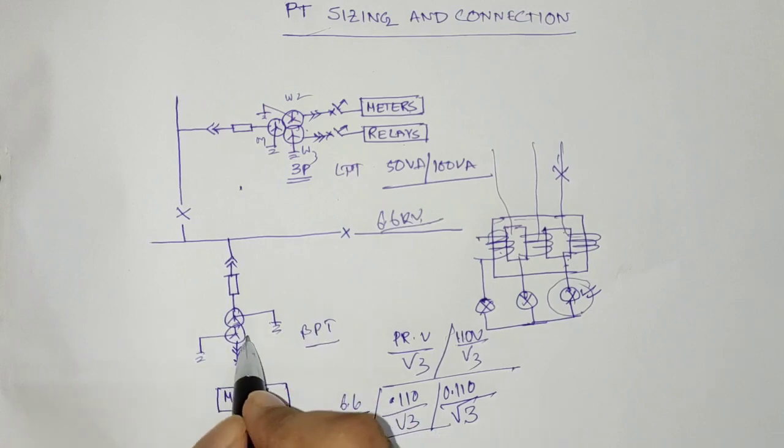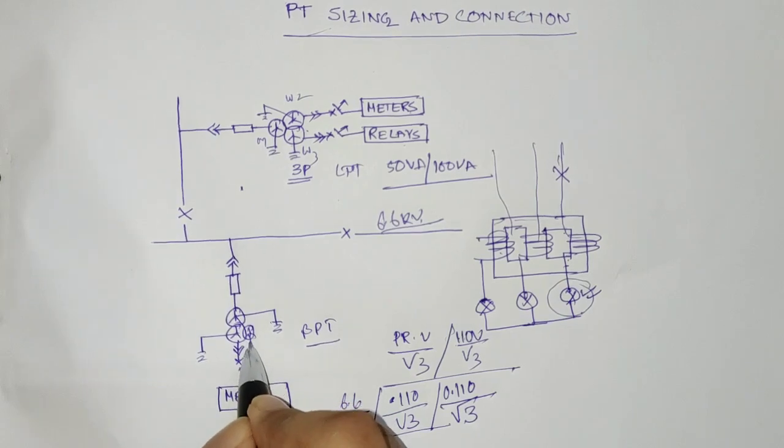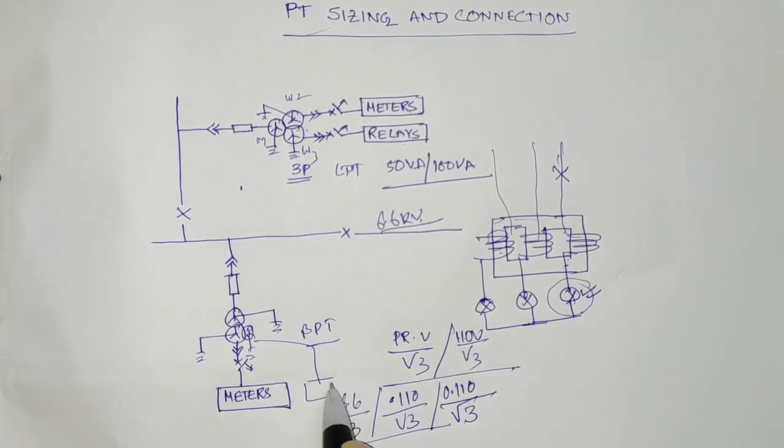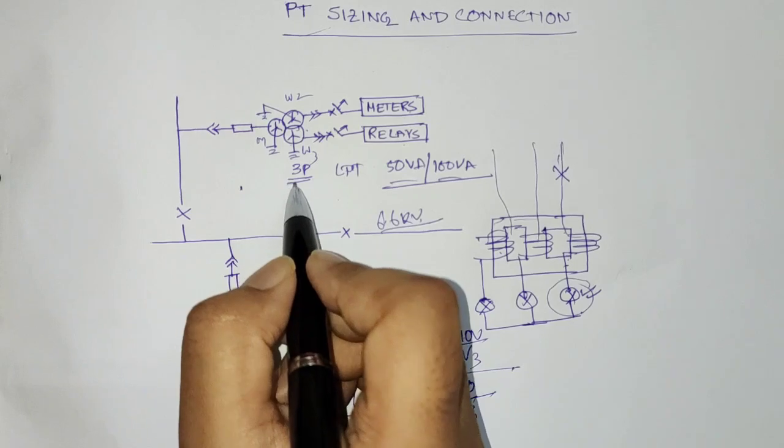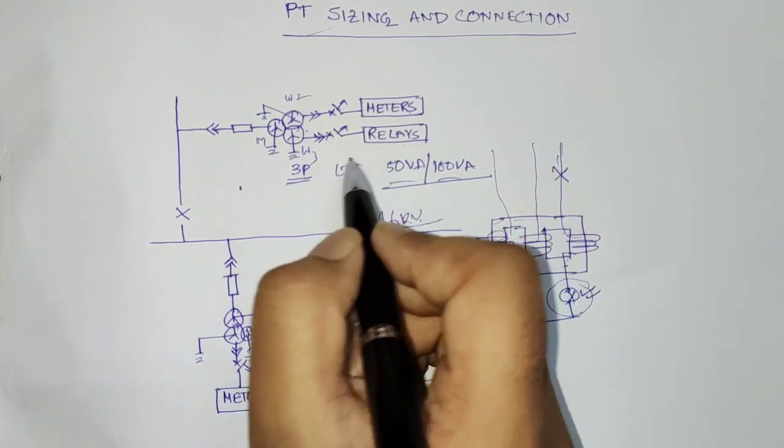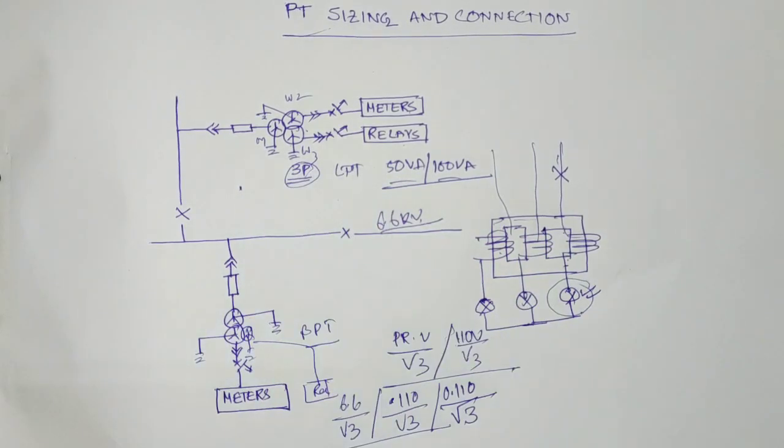If there is a relay connection, then we have to consider another winding. So here the relays will come. So this is how PTs are selected. PT burdens are generally rated as 50 VA or 100 VA, not much variation is taken. The protection winding with which the protection relays are connected is generally taken as 3P.